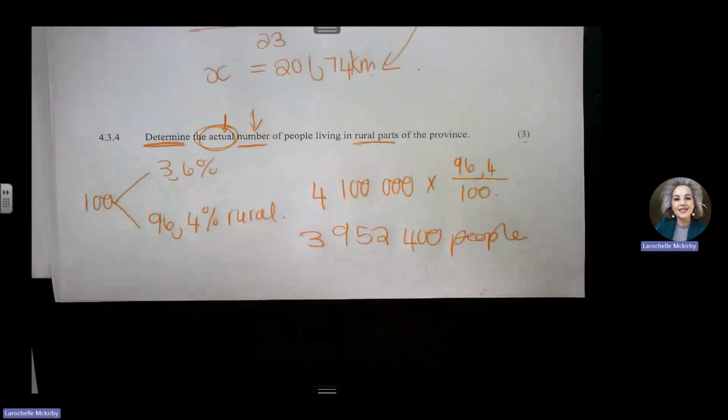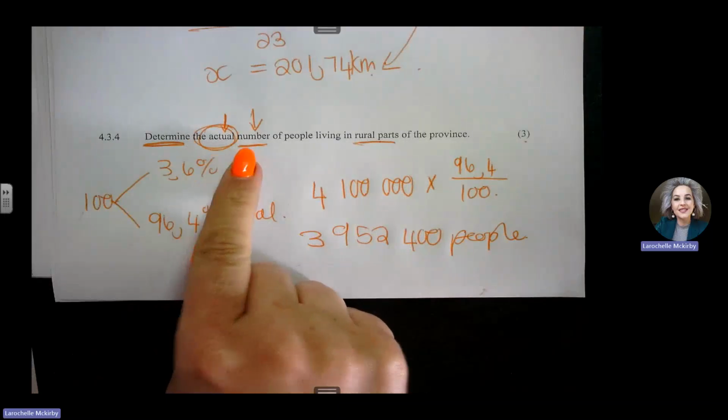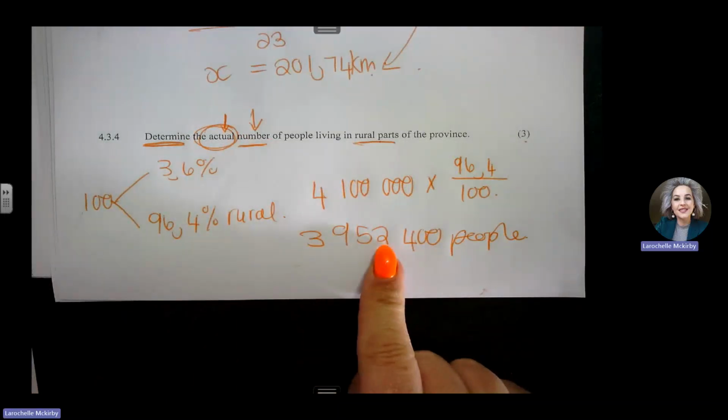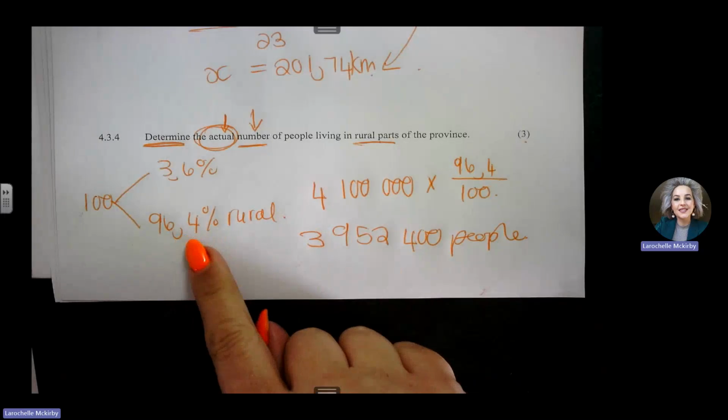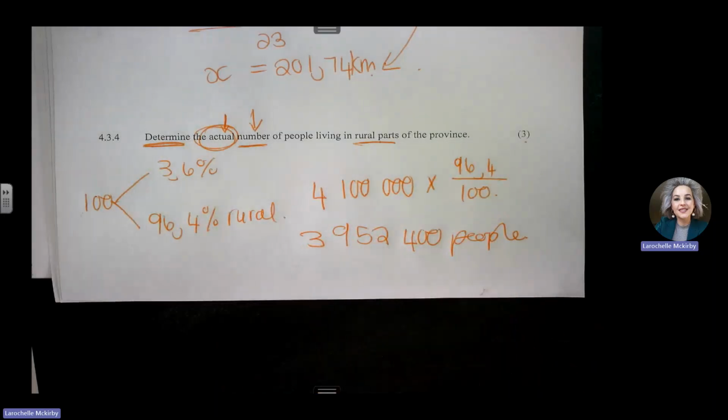And there we go. There is the answer. So they wanted the actual number, so I gave them the actual number and not the percentage. I needed to calculate the percentage first, but then I needed to do a further calculation to get to the actual number. Good.